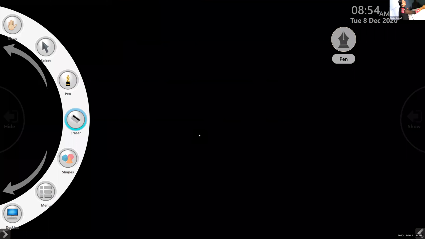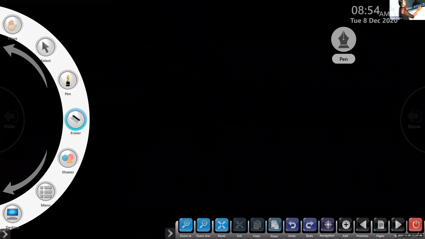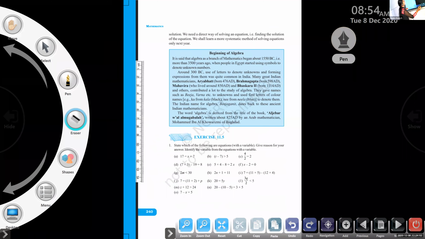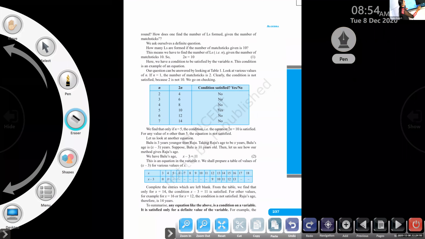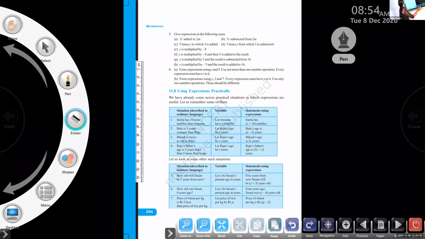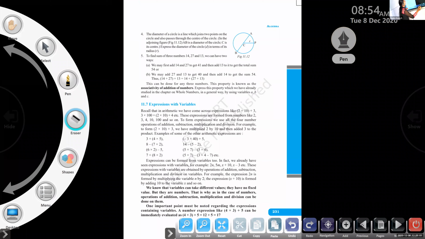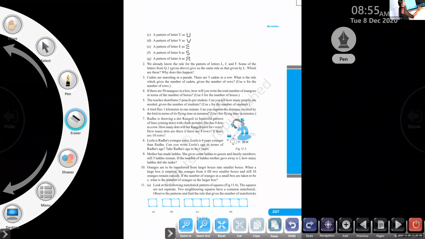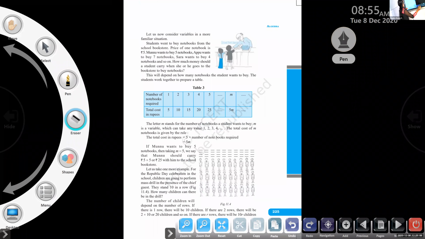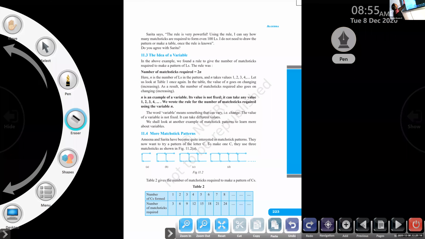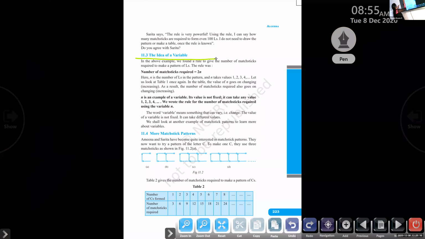Okay. Now, okay, children. Now you write the heading, the idea of a variable.